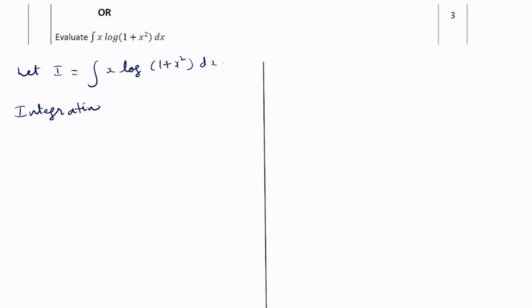When we are using integration by parts, we have to remember the order in which we take the first function and the second function: ILATE, where I stands for inverse trigonometric function, L for logarithmic, A for algebraic, T for trigonometric, and E for exponential function. So we have to take the logarithmic function as the first function and the algebraic function as the second function.